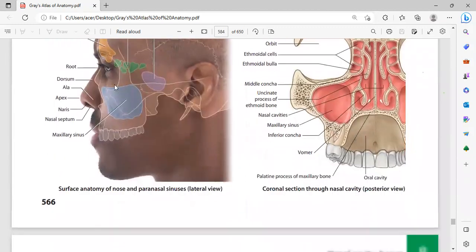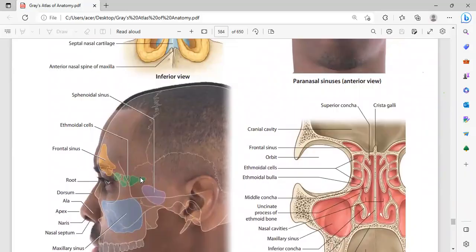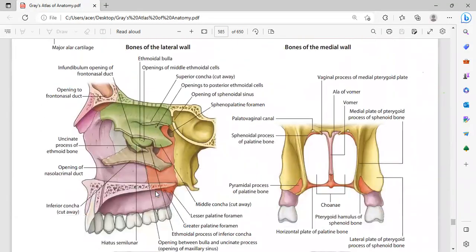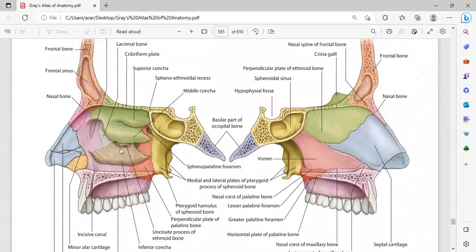Here is the ethmoidal sinus. That ethmoidal sinus will open here underneath the superior concha, into the superior meatus.